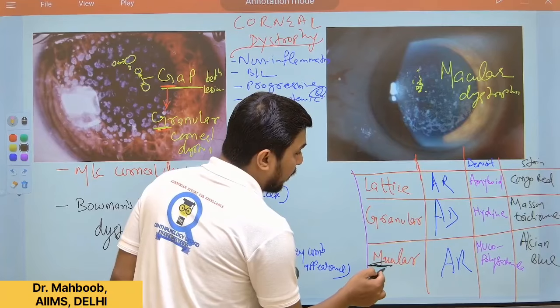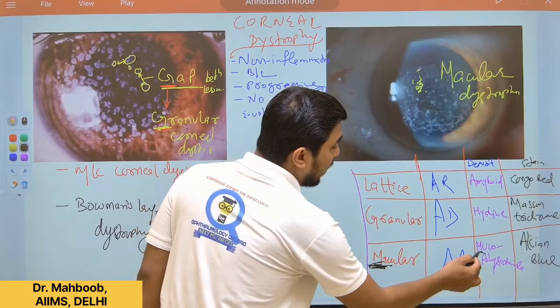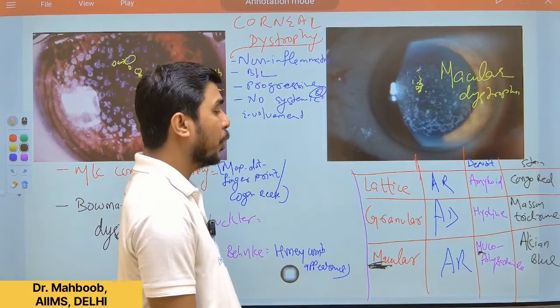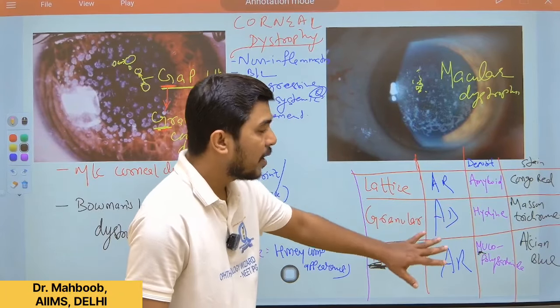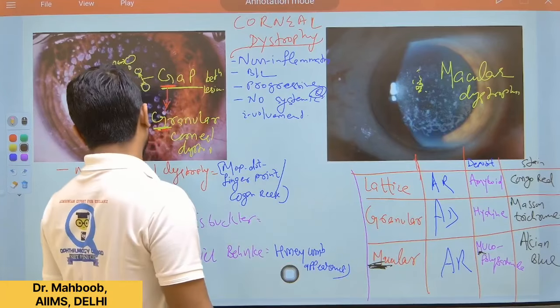In macular, M is there, macular has M, mucopolysaccharide has M. So basically this is the important thing to understand and you need to remember.